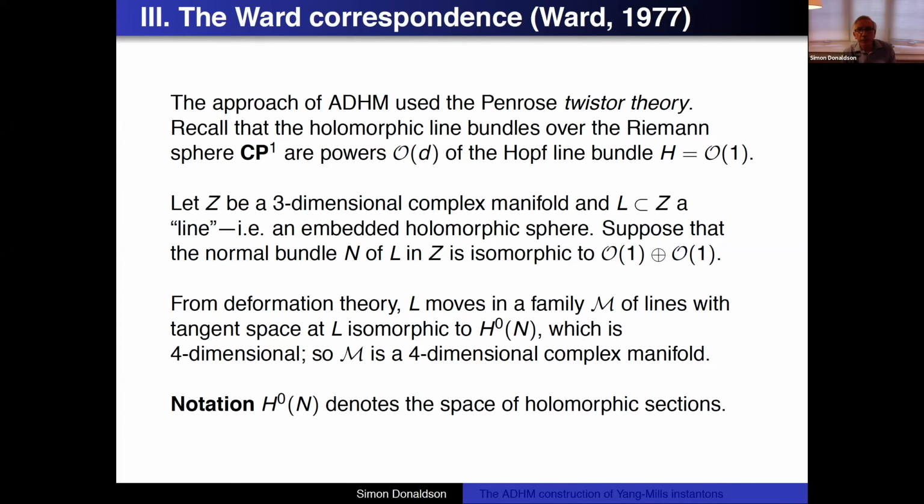And we want to suppose that the normal bundle, N, of this line is isomorphic to O(1) plus O(1), that's to say the sum of two copies of the Hopf line bundle. Of course, remember, Z is three-dimensional, L, the line, is one-dimensional, so the normal bundle is two-dimensional.